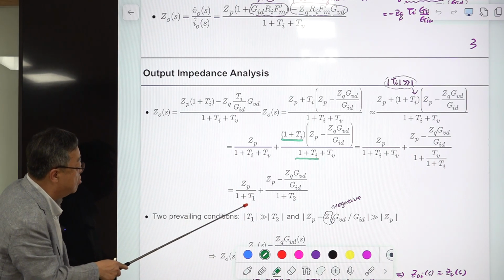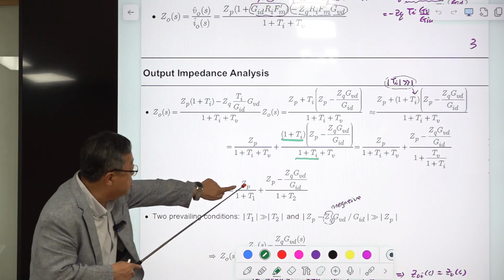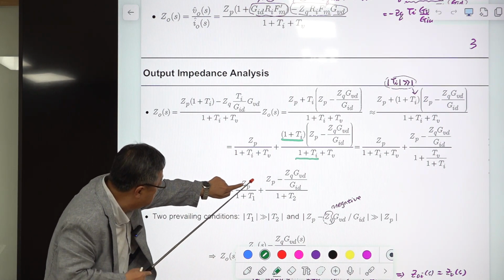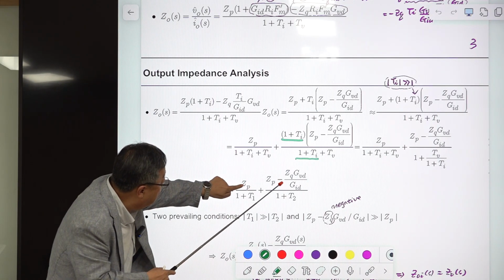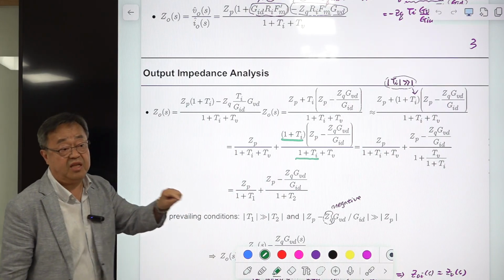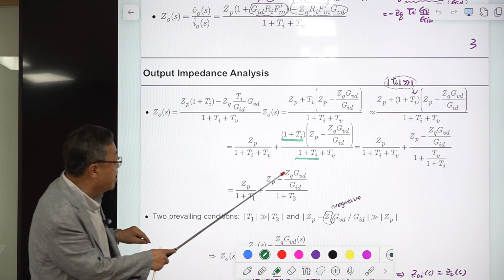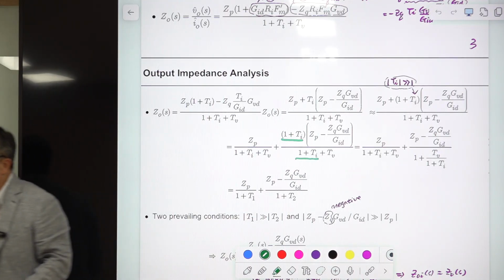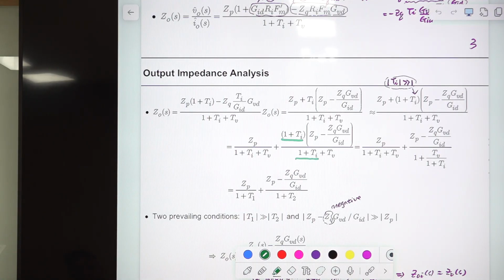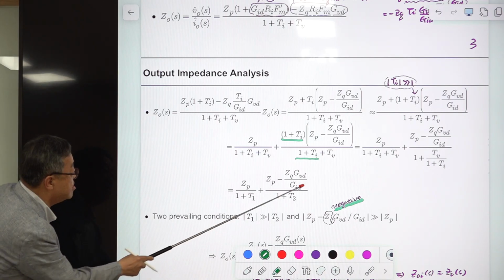Much larger. Okay, this denominator is much larger, and you compare this numerator GP and GQ, which has a negative sign in front of this. If you derive this, the minus sign is coming here. Okay, so this one is negative. Then this one is much larger than this one.